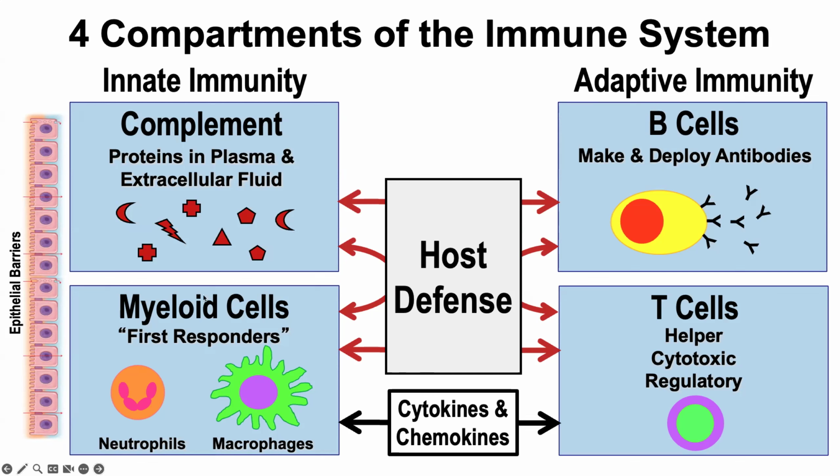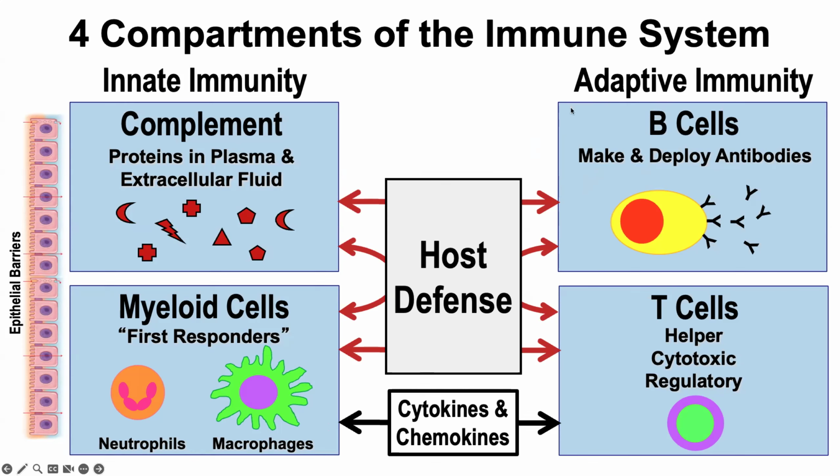Your myeloid cells are kind of like your first responders, like the Marines that crawl through the mud to the side of the battle. The phagocytes crawl through the tissues to the side of the battle where they may meet bacteria and viruses. They engulf those, eat them, and then show their friends what they've eaten. And the B cells are sort of like an air force in that they make and deploy these smart bomb, cruise missile like molecules called antibodies.